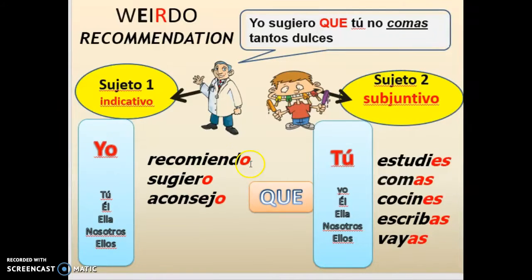Tú recomiendas, tú sugieres, él aconseja que estudies. Ella recomienda, ella sugiere, él sugiere, nosotros aconsejamos. Remember, this one will change depending on the subject on the first clause, and then, of course, this would change here depending on the subject on the second clause.